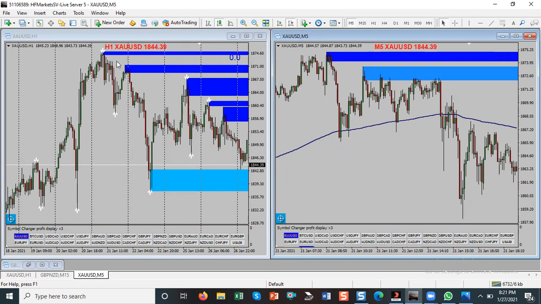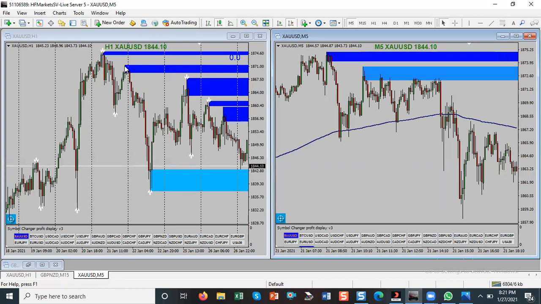So on the creation of this second supply zone, you are not going to wait for a retest of it. Sometimes it will go and retest, sometimes it will not. Once market has traded below and gone up, it creates another supply zone.